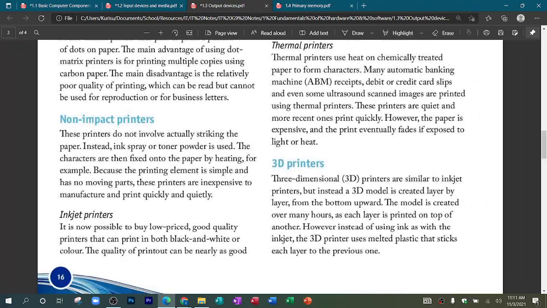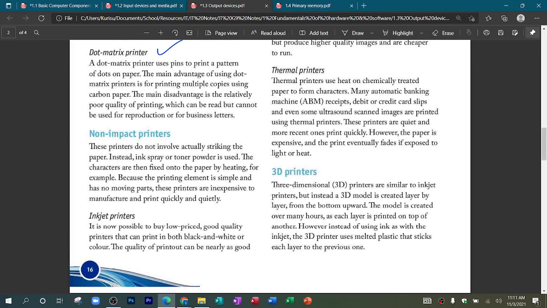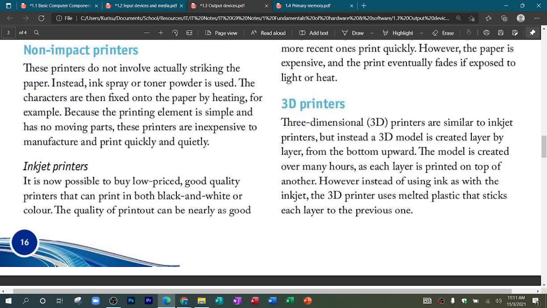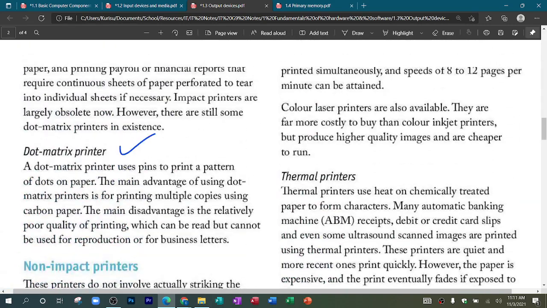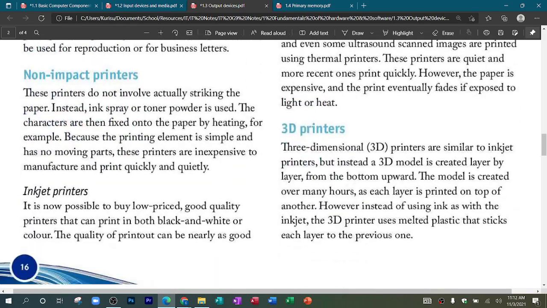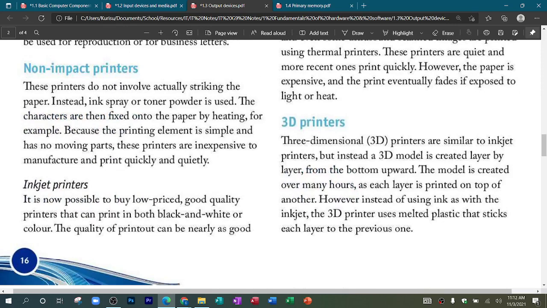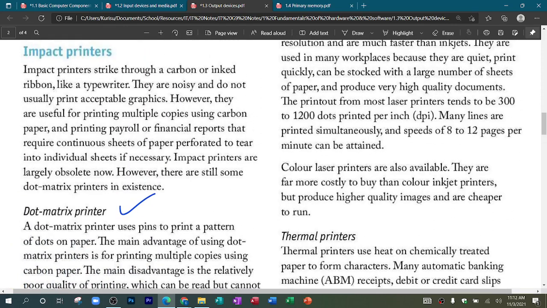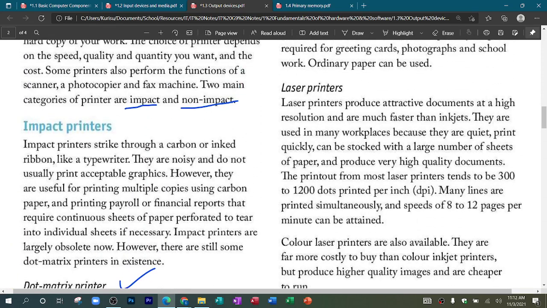For non-impact printers, we have the inkjet printer, which should be the most common printer that you should know about. Then we have the laser printer, which uses lasers. The inkjet printer uses liquid ink. Some laser printers actually use liquid ink, but they mostly use a powder.